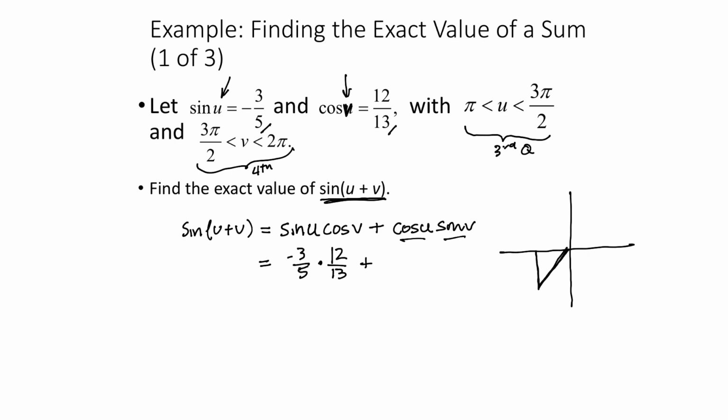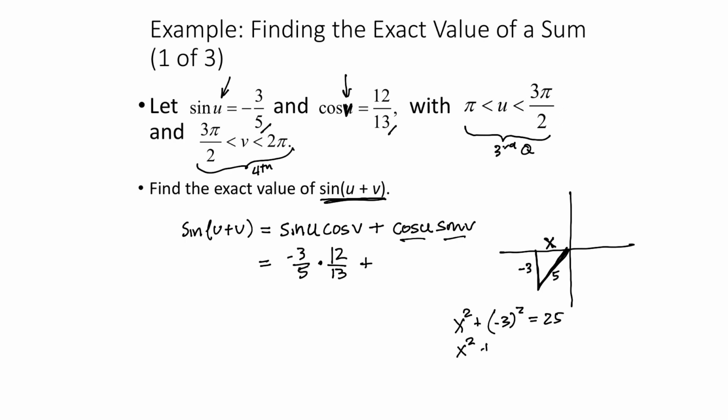Third quadrant, we were told that the sine of u was negative 3 over 5. So that would be here, negative 3 and 5. And really what I need to find is what's this value here. I'm just going to put it as x. We know that x squared plus negative 3 squared would give me 25.